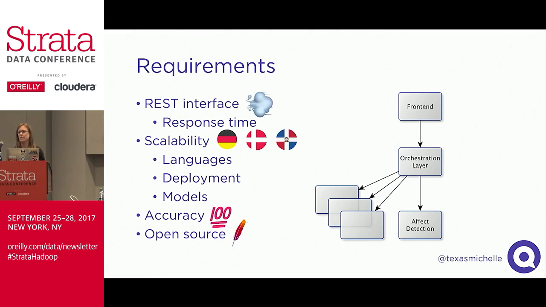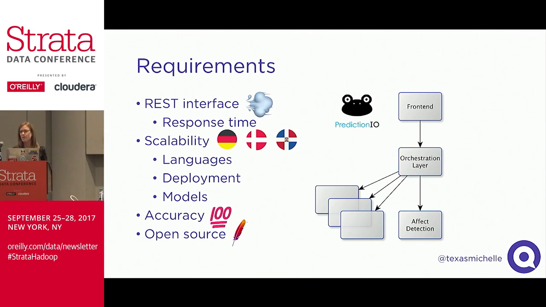And we also really cared that it was open source. That's something that's always been important to us as a company. We've chosen to use a lot of open source tools. And in this case, what we decided to use is Prediction.io. Part of that is also Apache Spark. Prediction.io is an Apache incubator project.